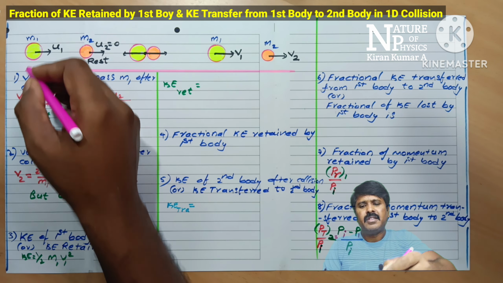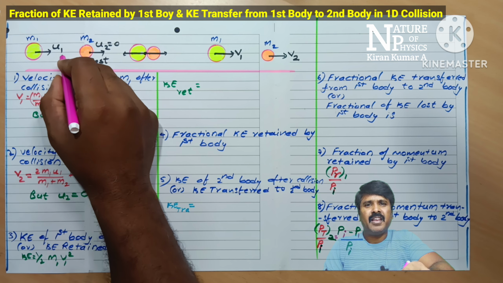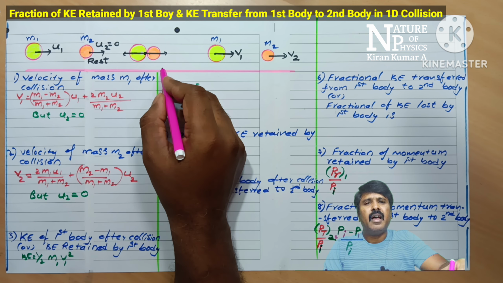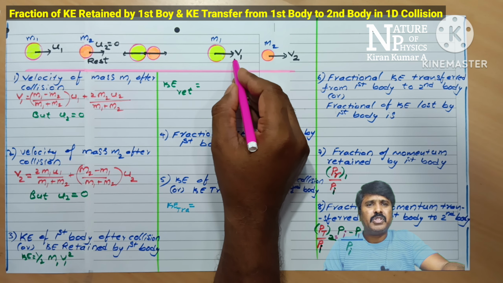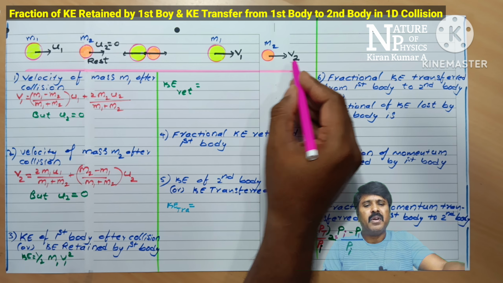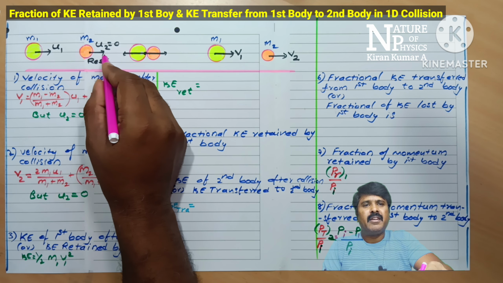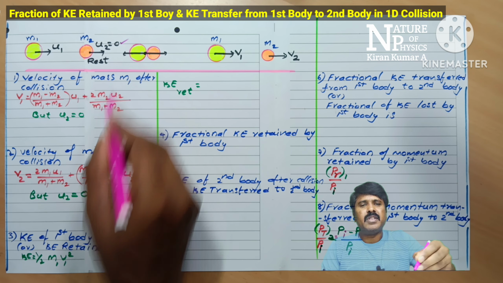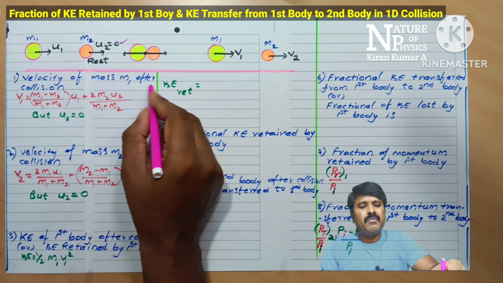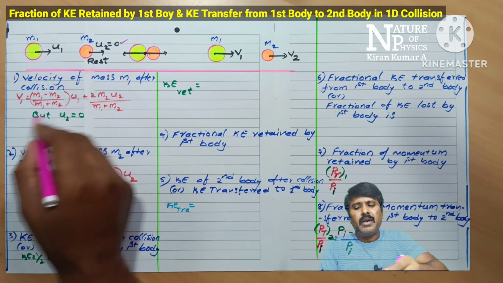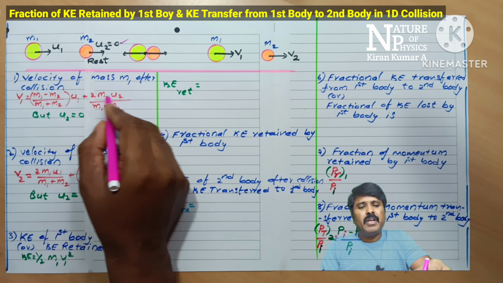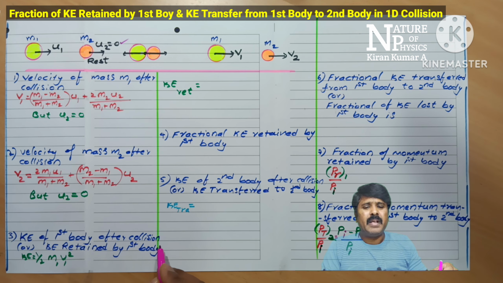Now consider a body of mass m1 moving with initial velocity u1 and a second body at rest, student. After the collision, the first body moves with velocity v1 and the second body with velocity v2. Before the collision the second body is at rest, so its initial velocity u2 is equal to 0. The velocity of the first body after the collision is v1 equal to (m1 minus m2) by (m1 plus m2) of u1, plus 2 m2 u2 divided by (m1 plus m2).